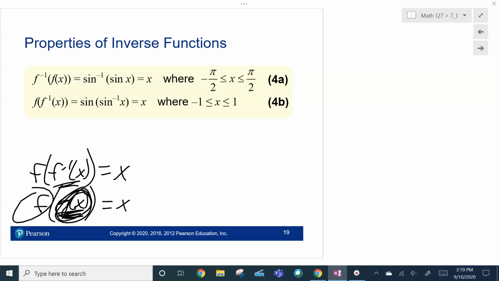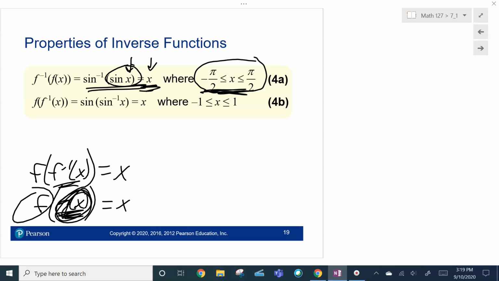So for example, if you're running the arc sine of the sine, right, so the sine is going in, they're going to undo each other, but this will only be true if x is between negative pi halves and pi halves. So the arc sine of the sine of x is just x, so they undo each other, if it's between there, because we had to restrict the sine between negative pi halves and pi halves just to find the arc sine, okay?